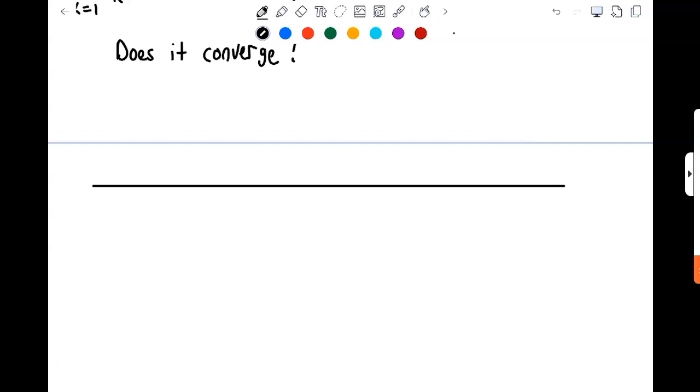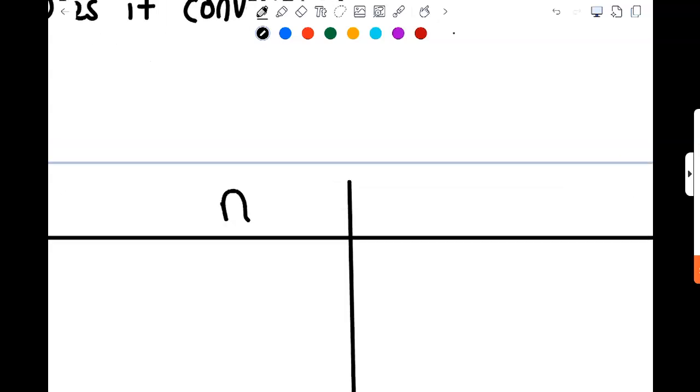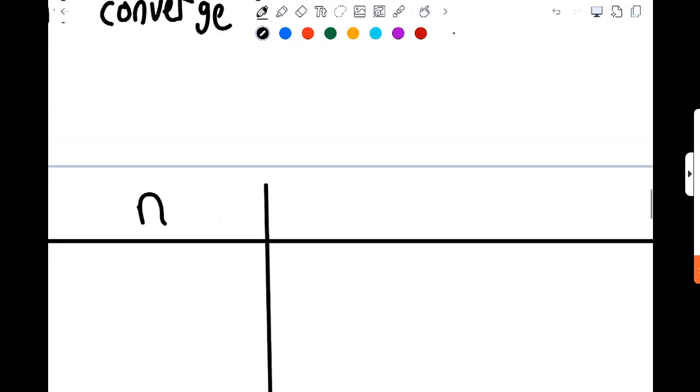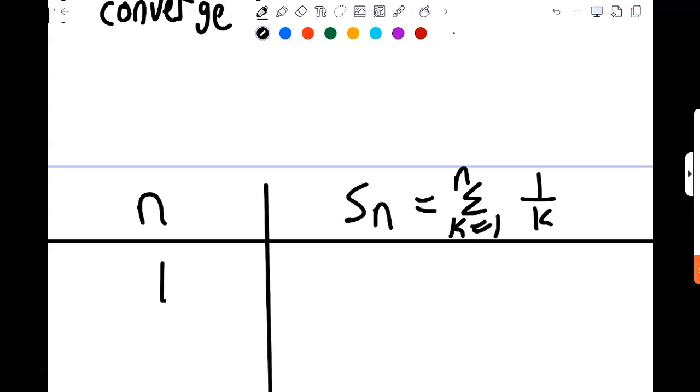Looking at the first few values, this actually comes from your textbook. Look at the sum based on n, and we're going to look at our partial sums, which would be the sum as k goes from 1 to n of 1 over k. So of course n equals 1, we would just be 1.